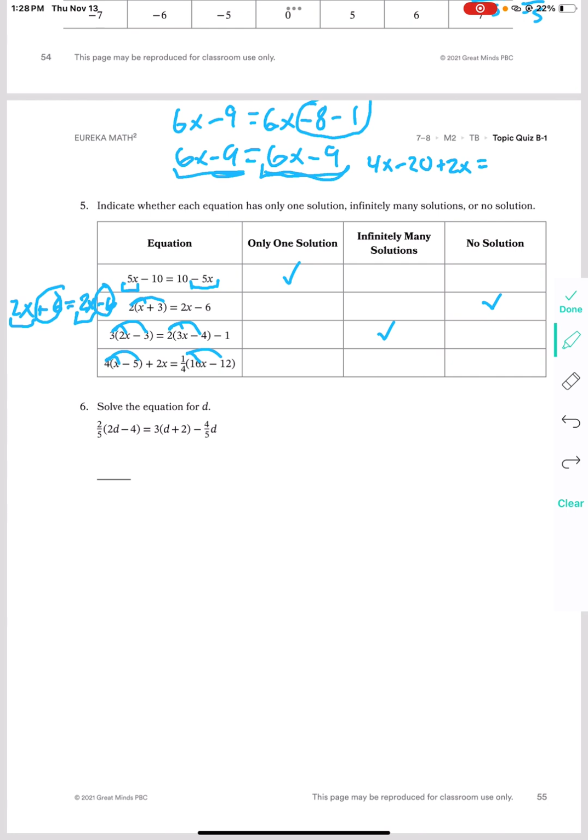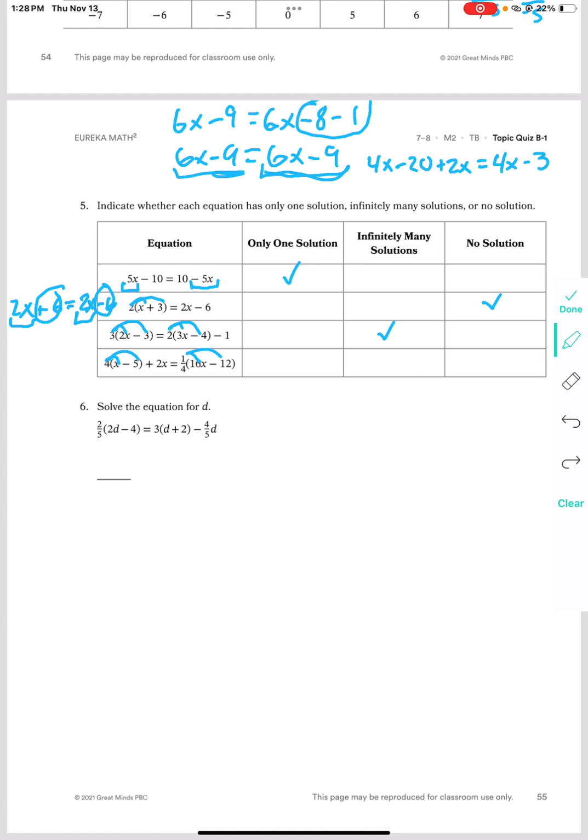But more specifically, when you multiply times a fraction that has a numerator of 1, all you're doing is dividing whatever number you're quote-unquote multiplying it times by the denominator, okay? So 1/4 times 16 is basically the same thing as 16 divided by 4, which would give you 4x. Same thing with 12, so that would be negative 3.